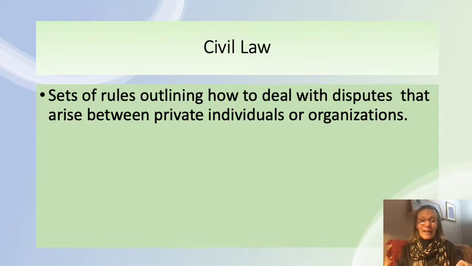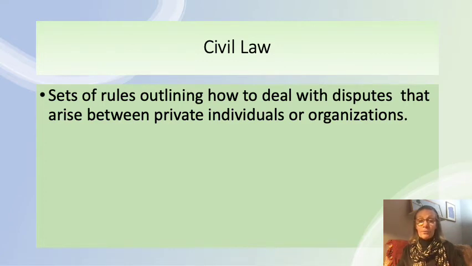The landlord says that they will do certain things: they'll take care of the place, they'll remove the snow, they'll fix anything that breaks, like a broken toilet or what have you. And then the individual agrees to their side of the contract, that they'll pay their rent, this is what the rent is, they will pay it on time. And so if there's a dispute between those two individuals, let's say that the person doesn't pay their rent, and then the landlord is angry because they are saying you're not holding up your end of the contract.